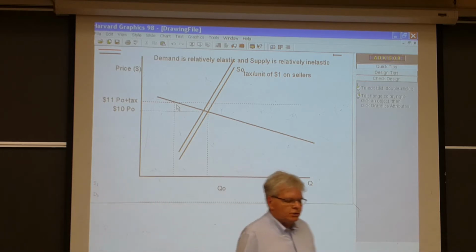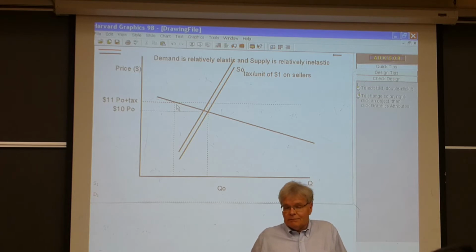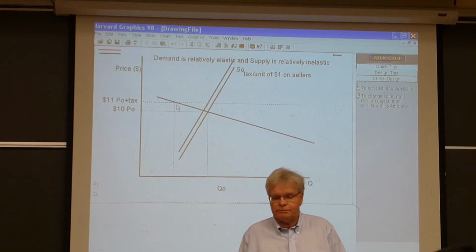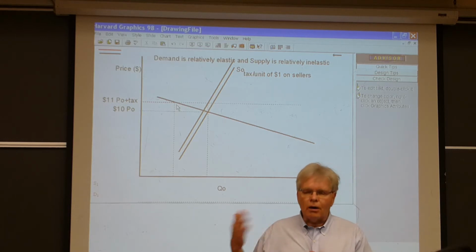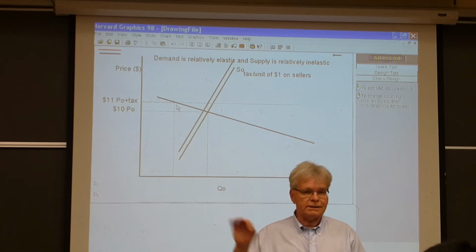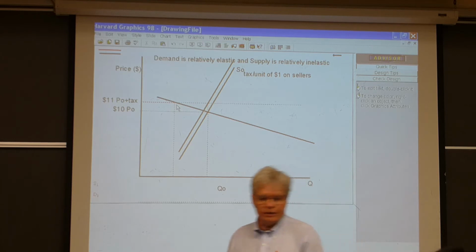If you try to charge your public $2 or $3 more because that gets you to a price that covers the tax completely and you don't have to absorb any of it, competition will drive that down. So competition is what's forcing the supply curve to only go up by $1. We'll think more about it. But therefore, this is the actual new equilibrium right here.